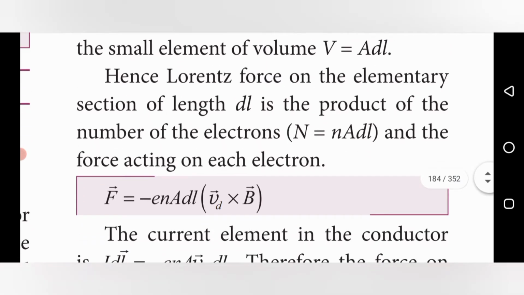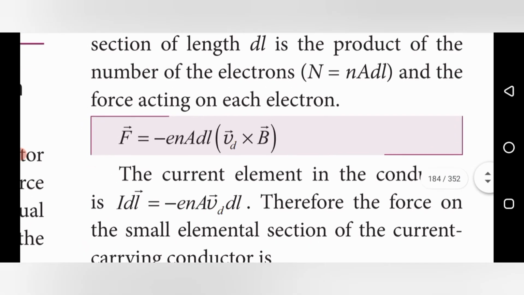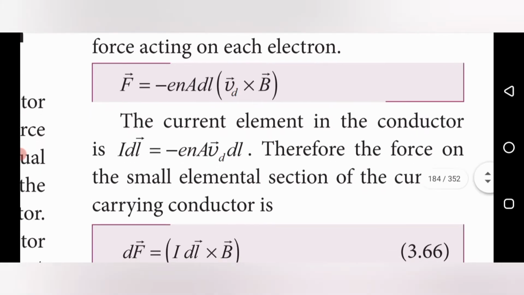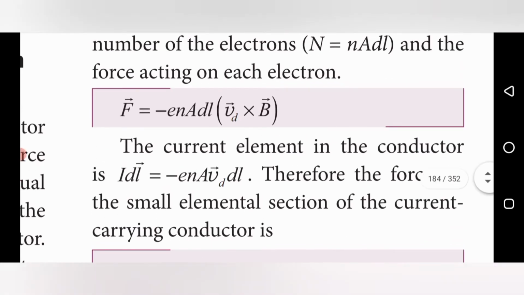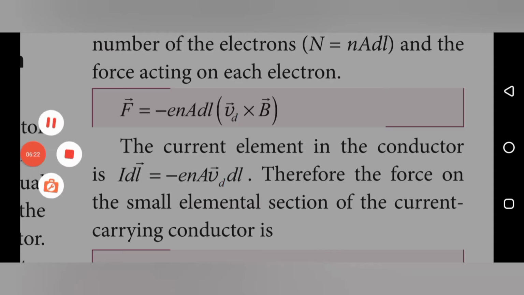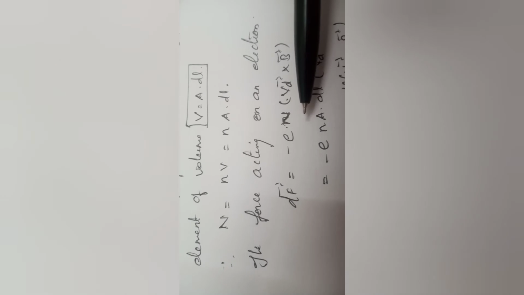And now we have to find the force value. So F is equal to q; instead of q we substitute minus eN, because here N is the number of free electrons in a small element of volume.